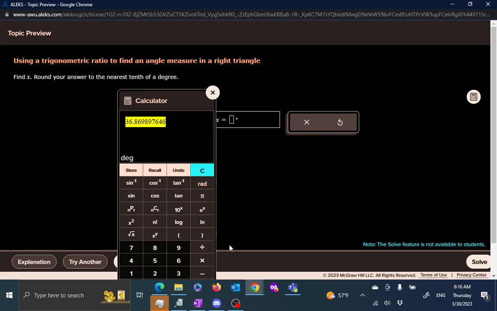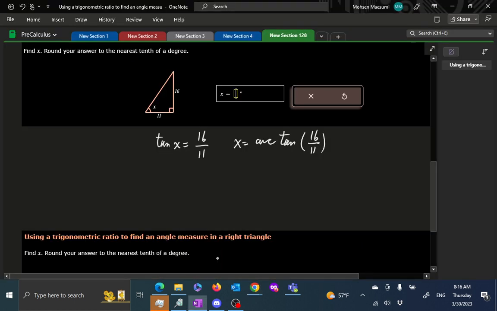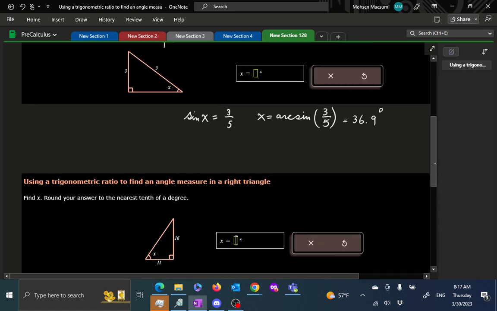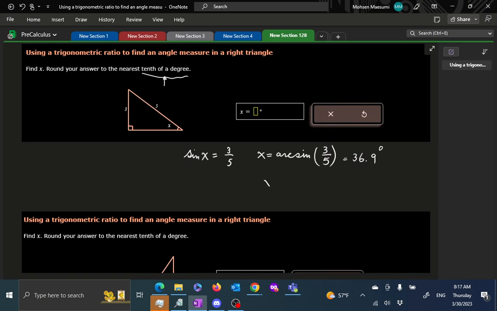Just check the manual of your calculator and see. So the calculator you use here is written in this style: tangent inverse of 16/11. Let me go ahead also in the calculator that you have up here. This is sine inverse of 3/5. That's how it is typed.